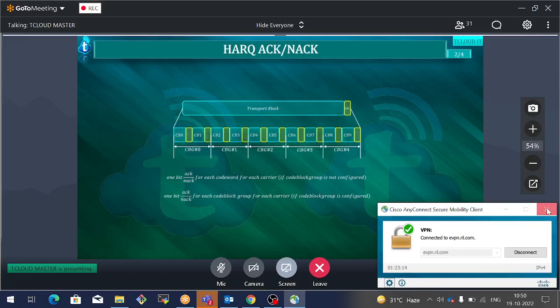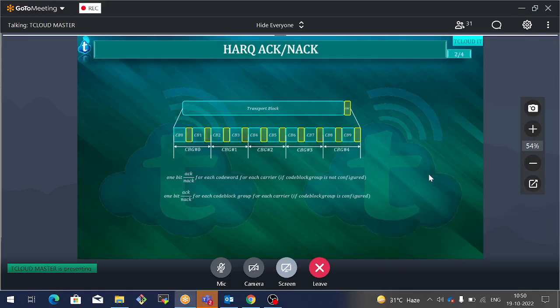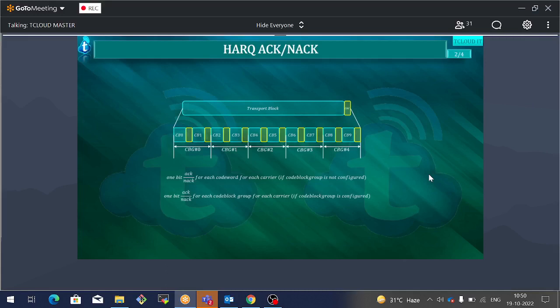So you received the data, you received a codeword, and inside the codeword you find out how many blocks of data and how many CRCs are present. Now you will detect and identify which block CRCs have actually failed, instead of reporting it for the entire codeword. This was not there in the old technologies; it was introduced only in 5G, and not there in 4G or the earlier versions.